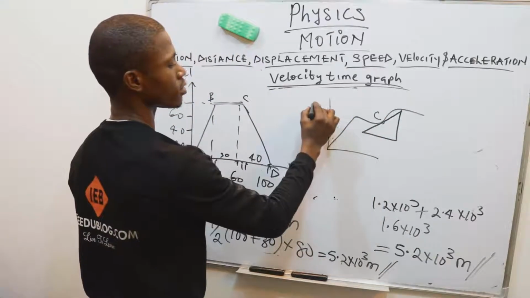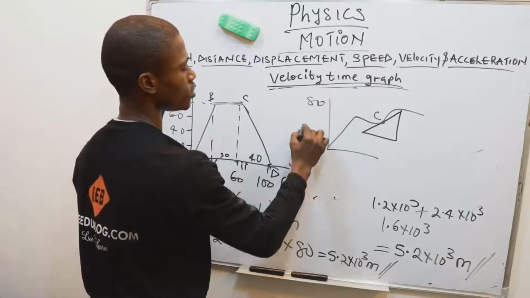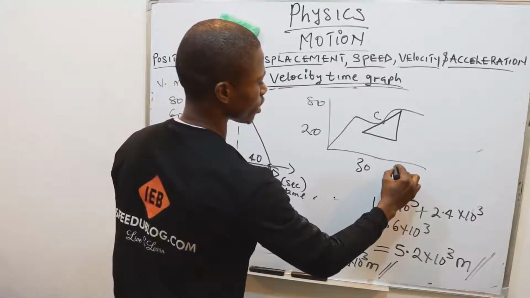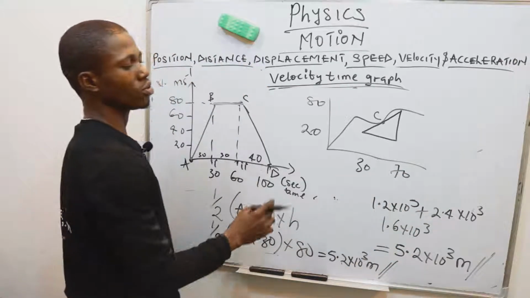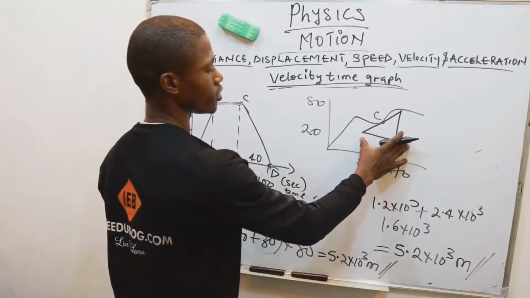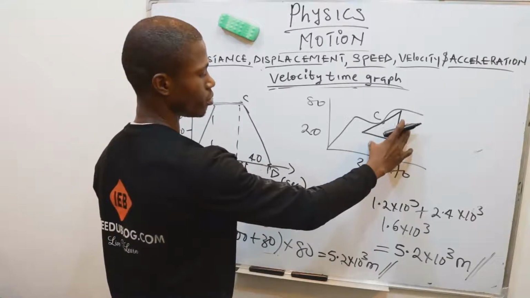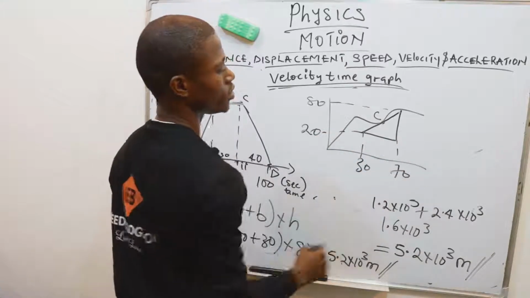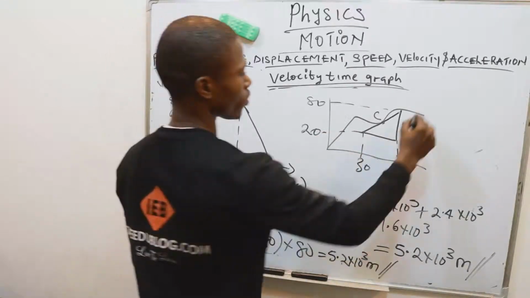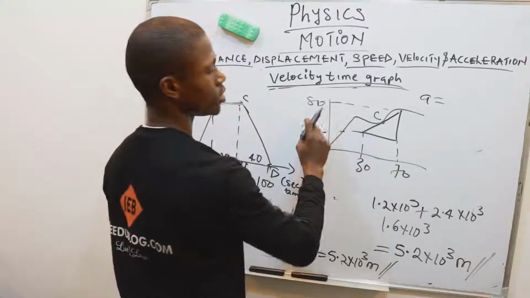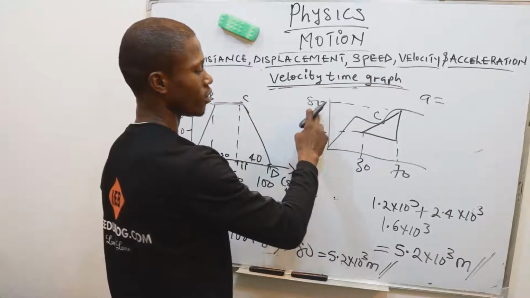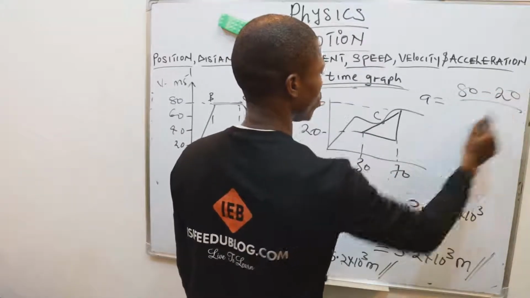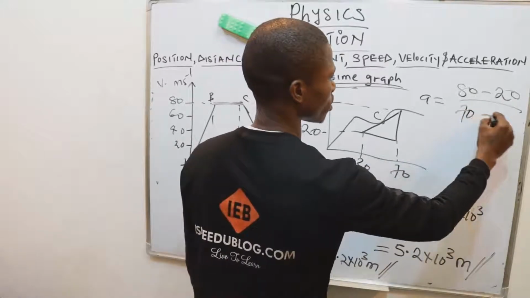So let me say here is 80 and here is 20 and here is 30 seconds and here is 70 seconds. If you want to find your velocity or your acceleration from this, this is 80, this is 20, this is 30, this is 70. Therefore, your acceleration will be our final V minus our initial V, that is 80 minus 20 all over 70 minus 30.